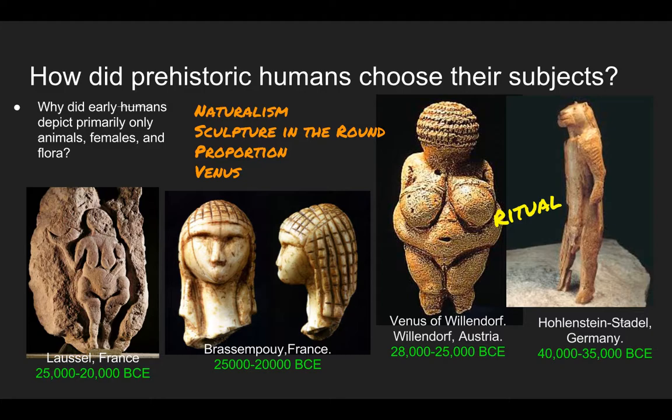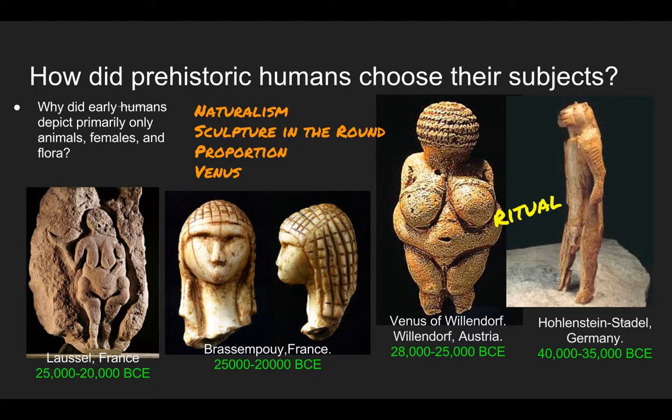So what you typically see, a lot of early forms of art are women, and you see exaggerated genitalia, the areas that make women what they are and their benefit to society. You typically do not see any sort of facial structure.